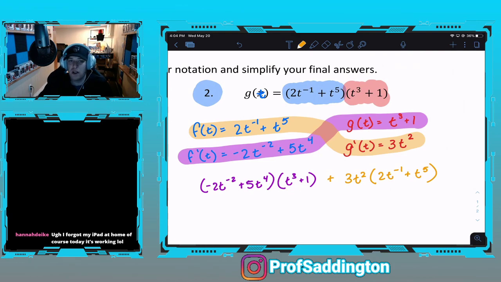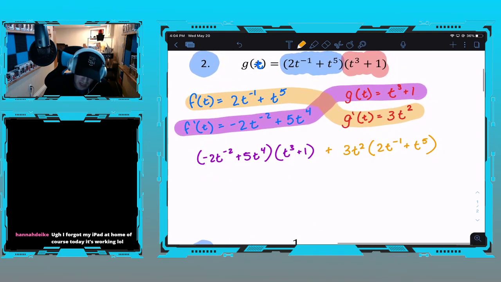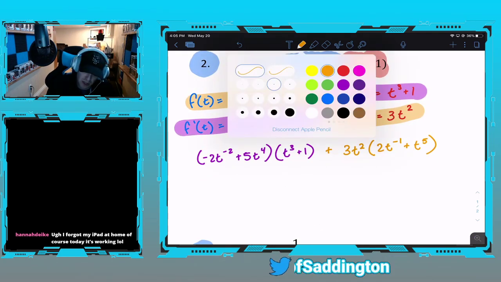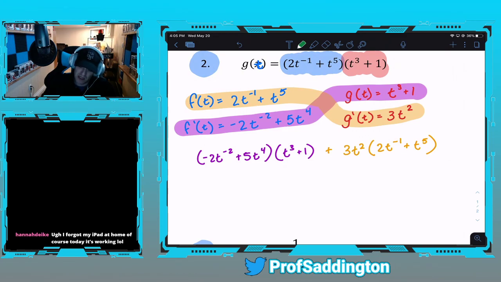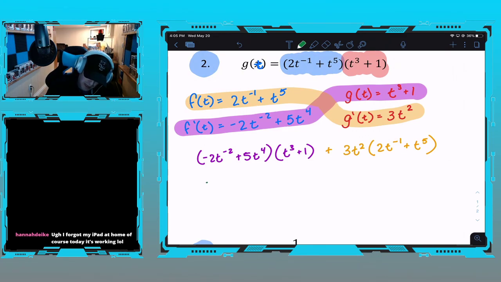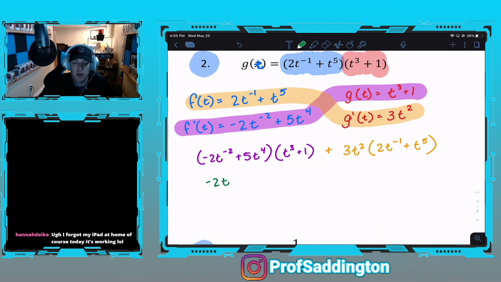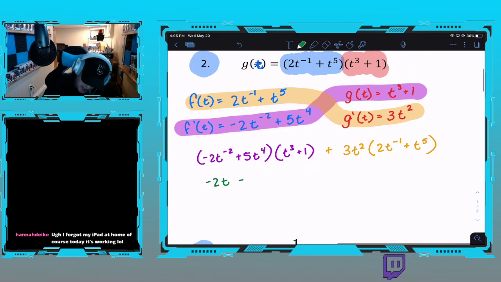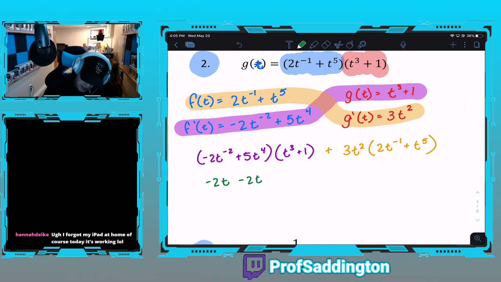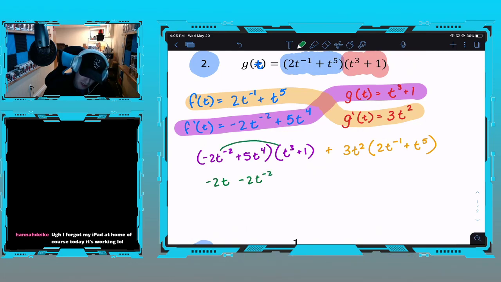From here, all I'm looking for you guys to do is simplify it down. If I distribute the negative 2t to the negative 2 and t cubed, I'm going to have negative 2t to the positive 1 because it's a negative 2 and a positive 3. And then I'm going to have negative 2t to the negative 2 because I have to distribute it to the positive 1.